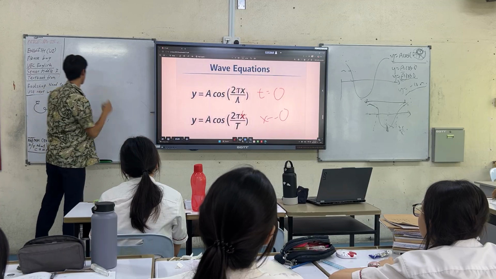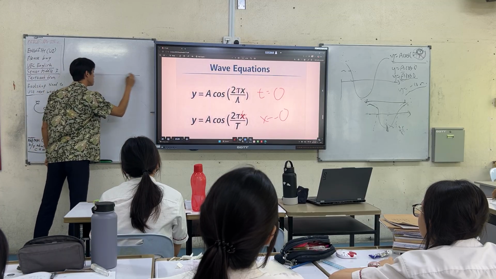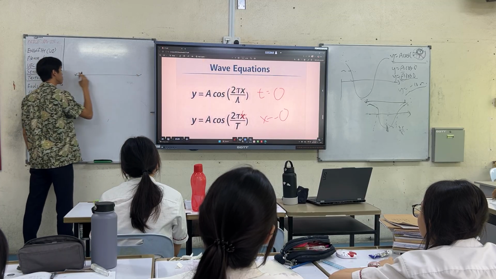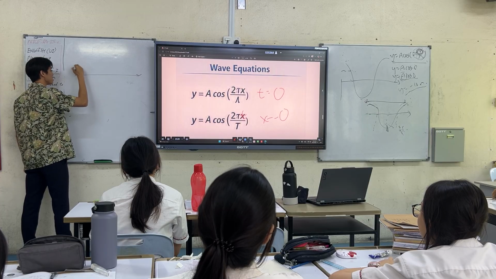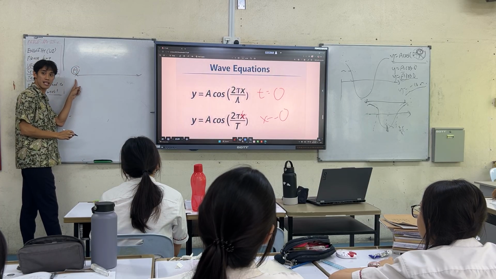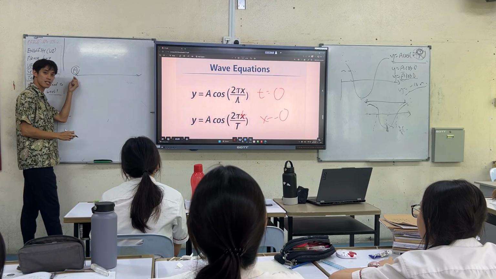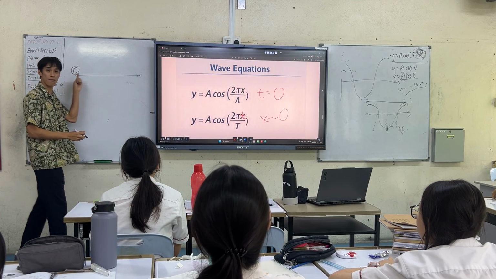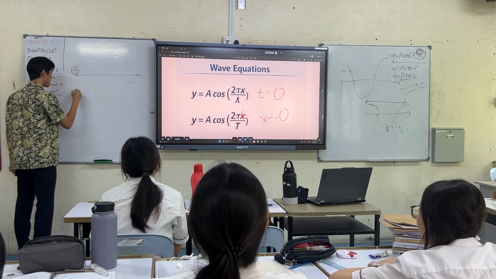For this one, I'm assuming this is the wire, and I'm at this position A. What does the wave look like at position A? It will look like this one.